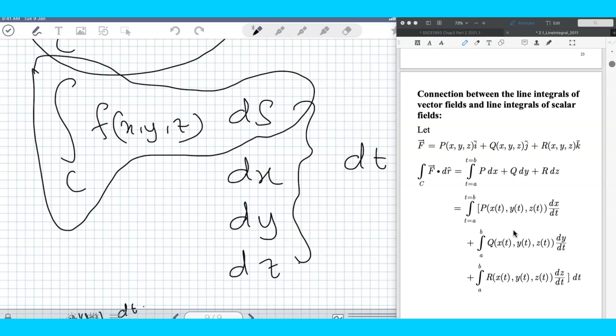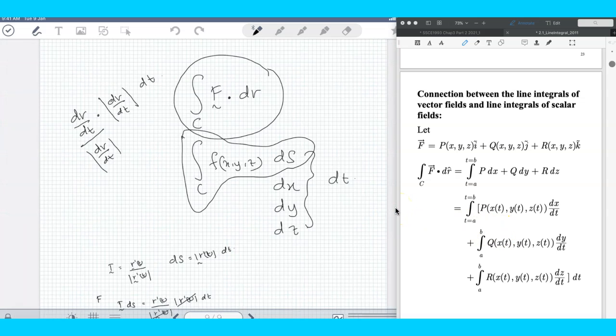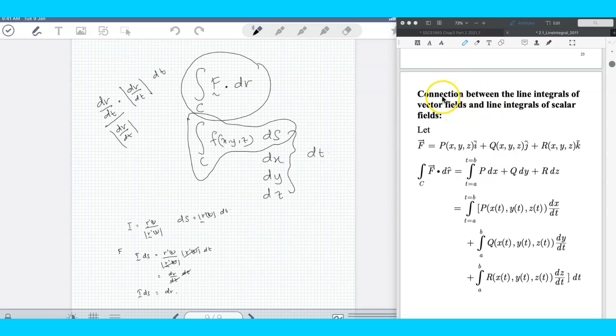Okay, before we proceed with the example, here I want to explain a bit the connection between the line integral of vector field and the line integral of scalar field. So what is the relation or connection between them? Okay, so now we start with the vector field. In general, let's say you have a system in 3D, in space.